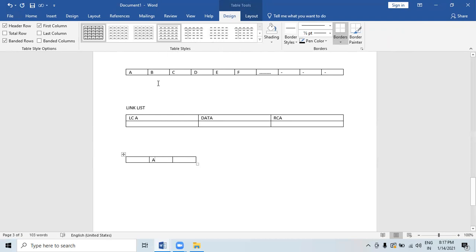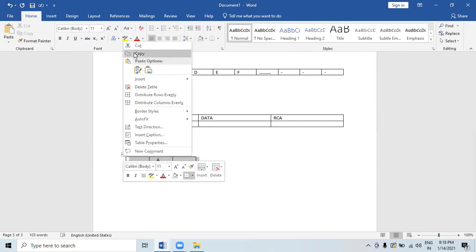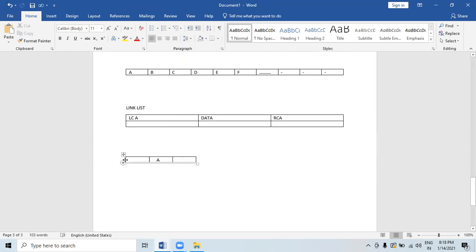Okay, so a, क्योंकि मैंने क्या लिंक लिस्ट में क्या होता है, लेफ्ट राइट एंड बीच में a is you know even root, right, then we will write here again, we will take, let's copy this only. Okay, paste here.